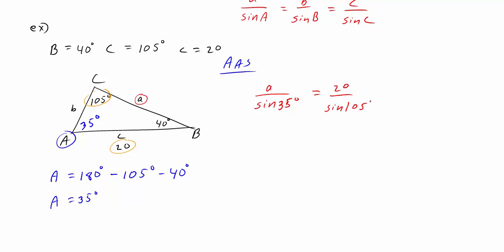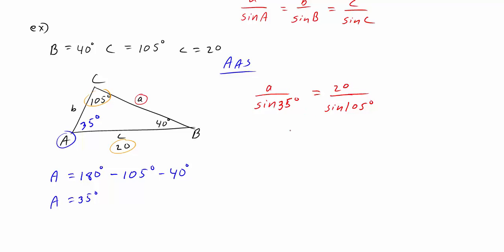And that's our only option there, because angle C and side C is the only one where we have both pieces. So you have to have a given angle and the side opposite. So there we have our sine of 105 for the angle, and then the 20 for the opposite side.